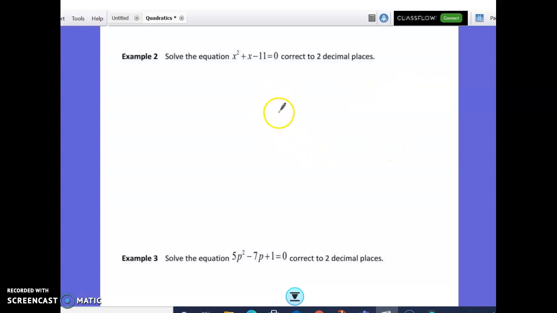Solve x squared plus x minus 11 equals 0, correct to two decimal places. A reminder, we're comparing this to ax squared plus bx plus c equals 0. A is always whatever is in front of x squared, which in this case is 1. B is whatever is in front of x, which in this case is 1. And c is whatever is at the end, in which case we get minus 11.